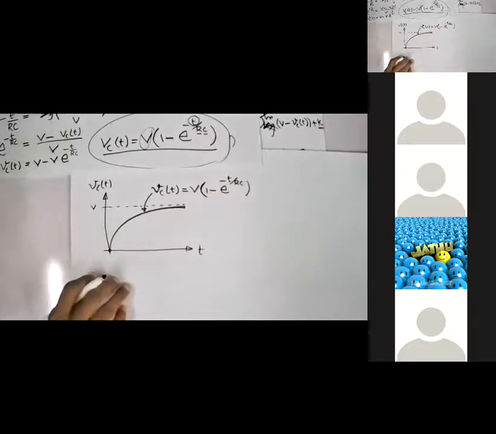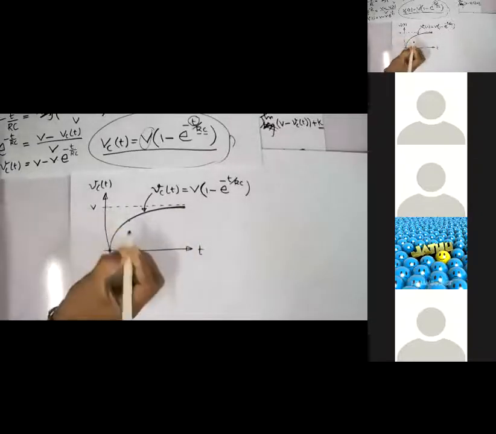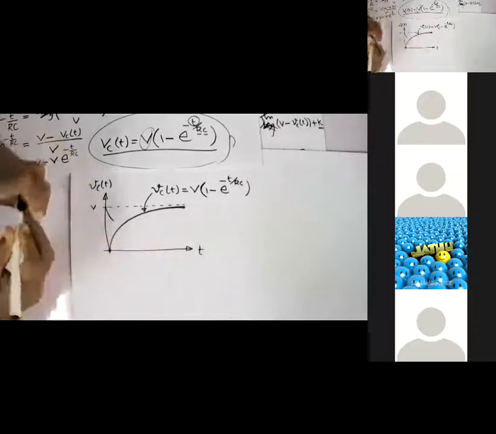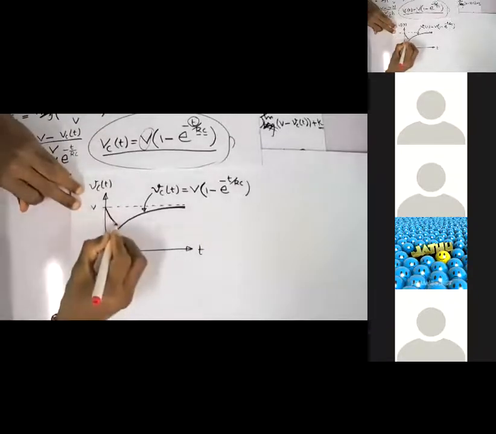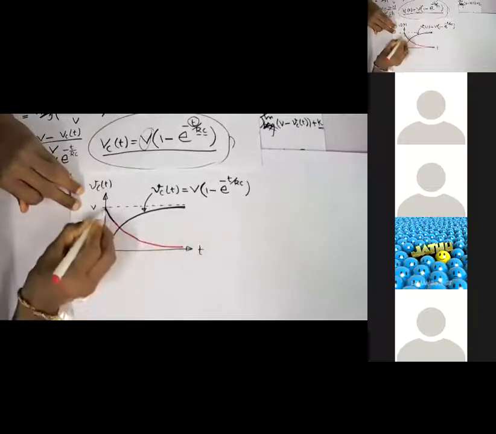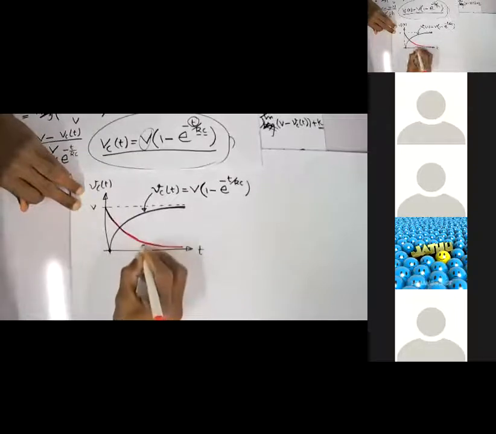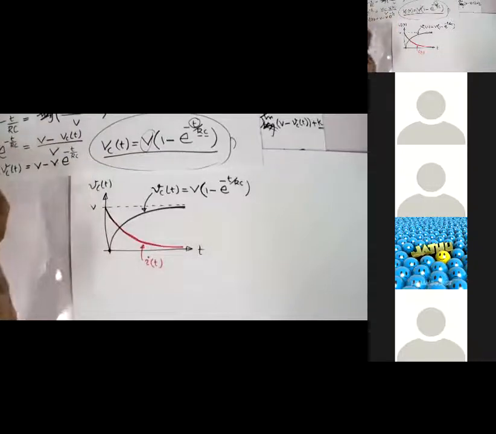If V is going like this, then the current will go in the opposite way, approaching 0. So this will be approaching V, and this will be I of t across the capacitor.